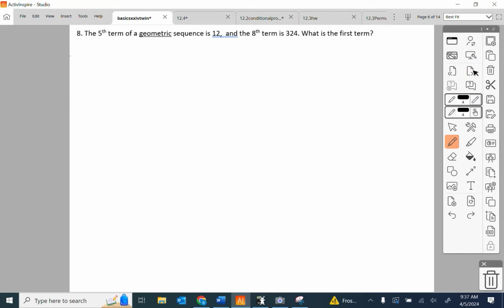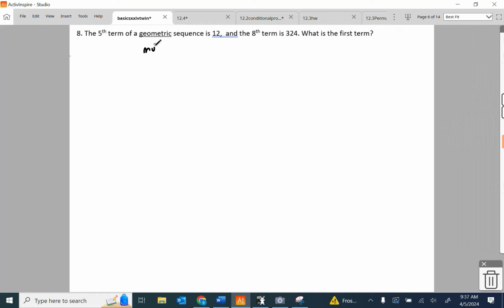Fifth term of a geometric, which means we multiply or divide, is 12. And I'm going to do what I've been doing. It's 4, 5, the fifth is 12, 6, 7, 8th is 324.